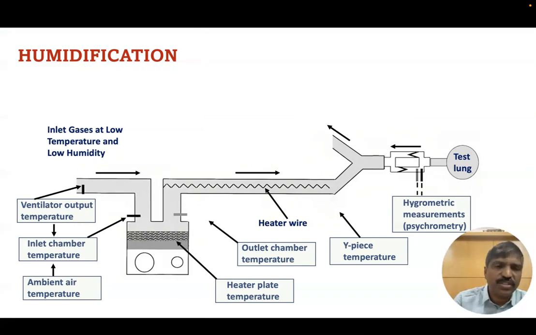So these gases coming into the inspiratory limb are warmed and humidified in the humidifier chamber, and they continue to be warm and humidified in the inspiratory limb using the heater wire, so that at the end, when the gas goes to the patient at the Y piece, the gas is delivered at 37 degrees with 100% relative humidity. This is called active humidification, and active humidification is a must for all neonatal ventilation.